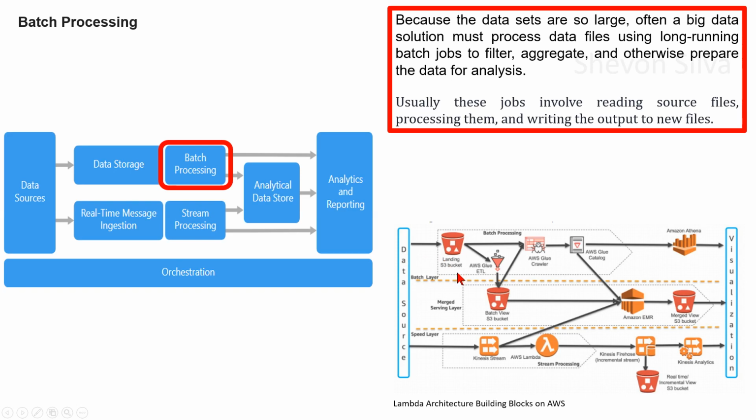The raw data in the landing bucket can be extracted and transformed into a batch view for analytics using AWS Glue, a fully managed ETL service on the AWS platform.